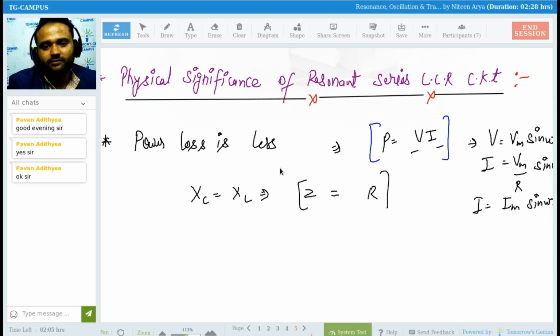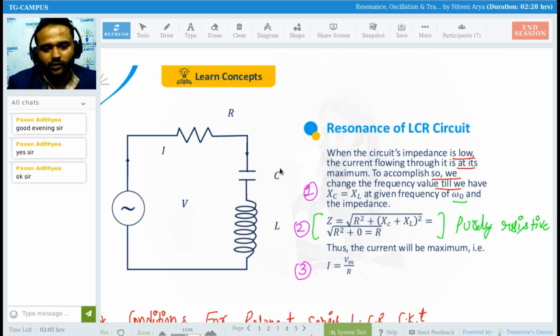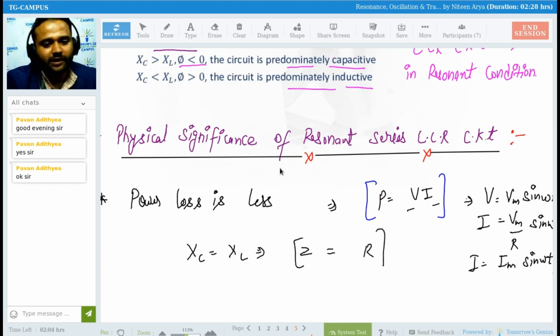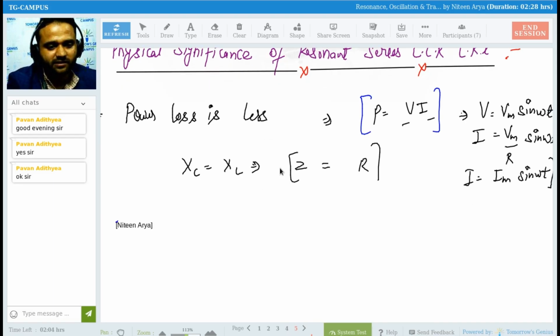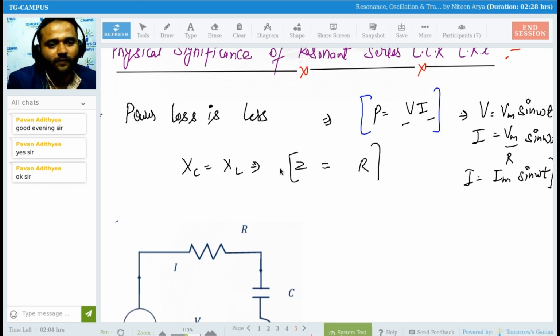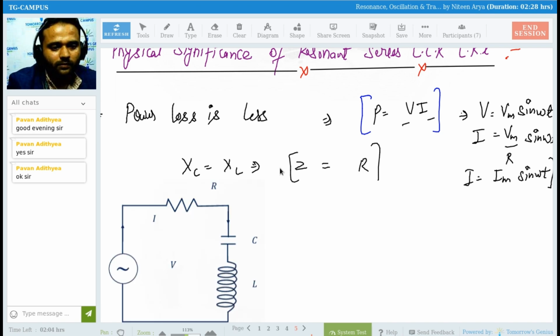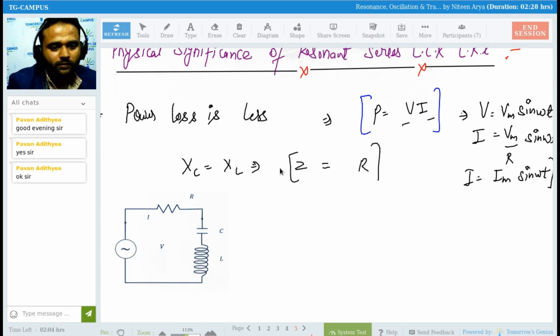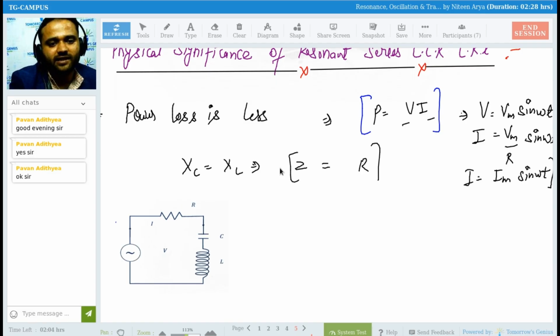For this LCR circuit, you can see this is your voltage, this is your resistance, this is your capacitance, this is your inductance.